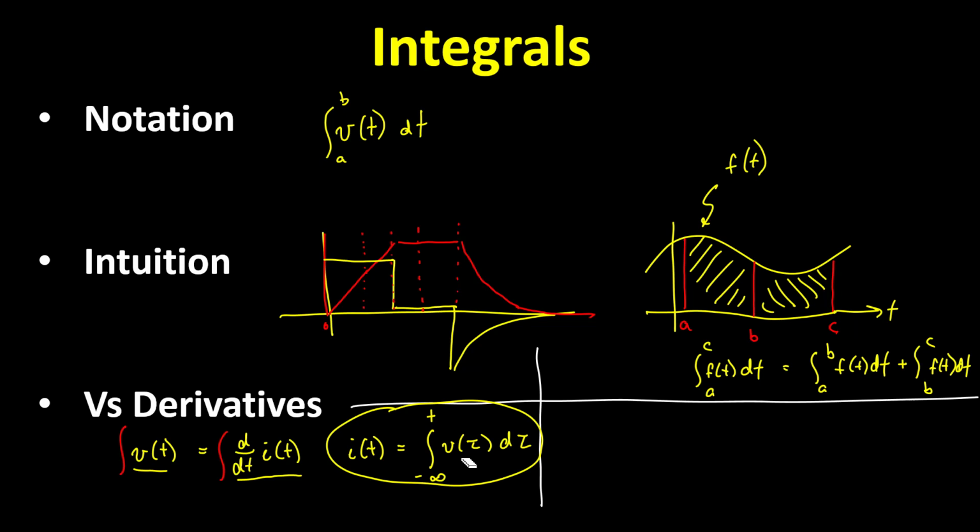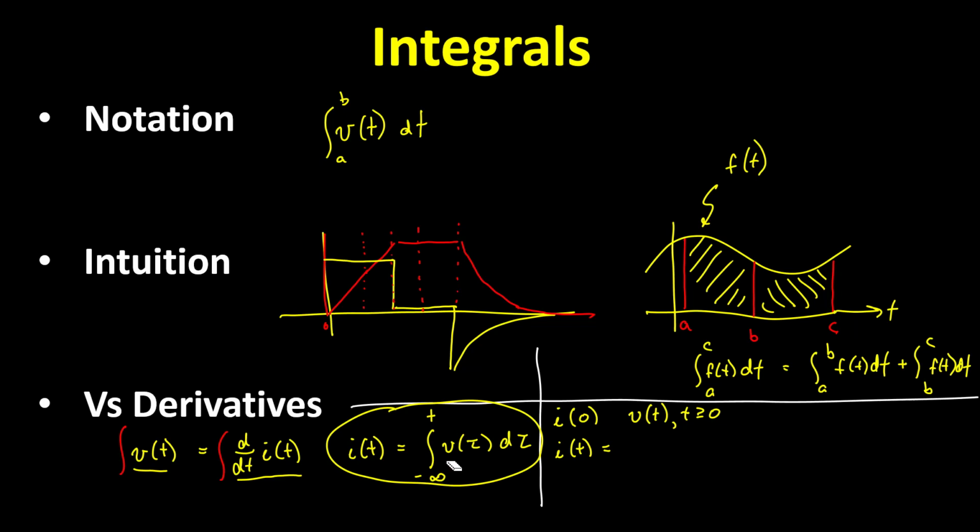We just don't know what it is. So it's really common instead that we're faced with a different problem. We know what the current is at time equals 0. And we know what the voltage is for time greater than or equal to 0. And we want to find out what the current is.